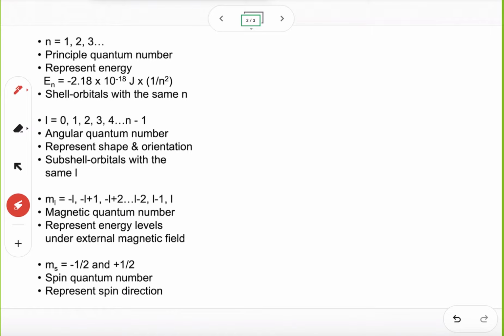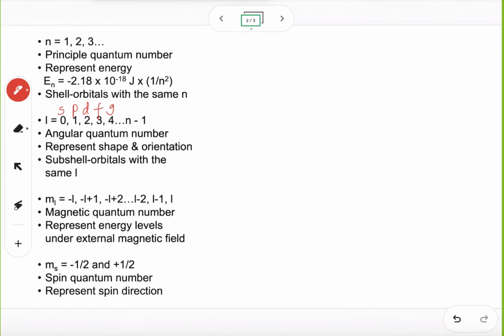Therefore, we use letters to represent the values for l. Let me write that down on the slide. When l equals 0, we use s to represent it. When l equals 1, we use p. When l equals 2, we use d. When l equals 3, we use f. And when l equals 4, we use g.